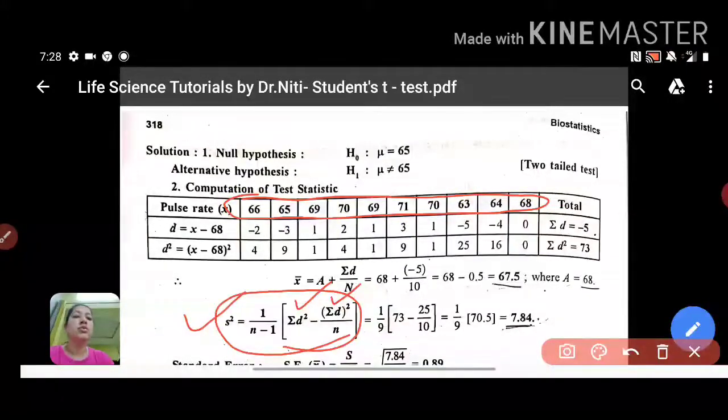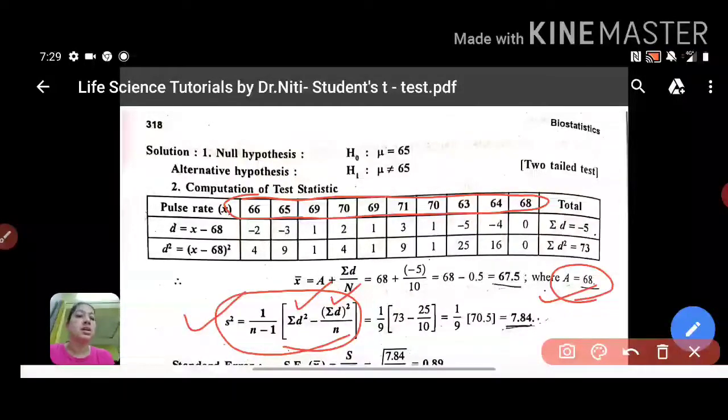Now you have to take the assumed mean first. So here the assumed mean has been taken as 68. You can take any of these values as the assumed mean. So they have taken 68.